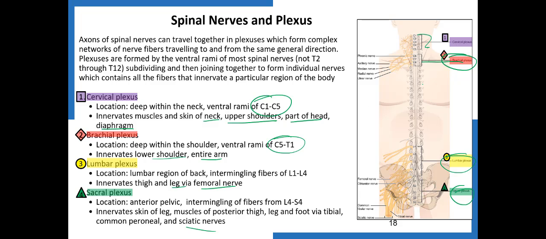Now, an interesting part is that there's no plexus in the thoracic region. That's because the thoracic region is just your thoracic cage, right? So there's no complexity in those nerves, so they don't form a plexus there.